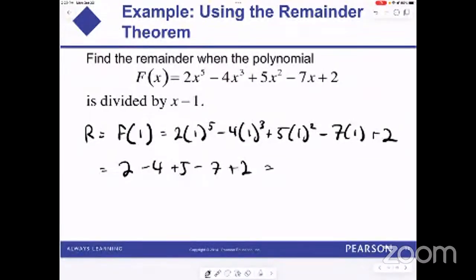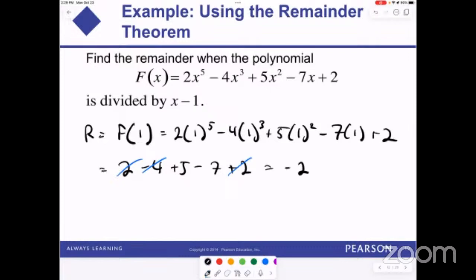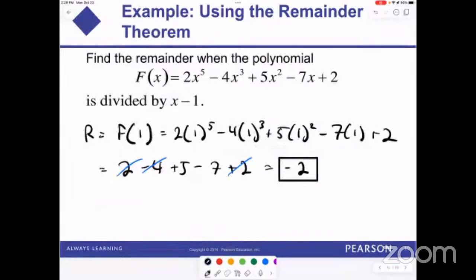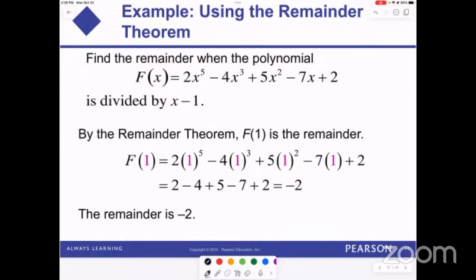It looks like these two are canceled by this one. 5 minus 7 is negative 2. All right, let's keep going. So our claim is that the remainder, when this polynomial is divided by x minus 1, is going to be negative 2. So the remainder is negative 2.